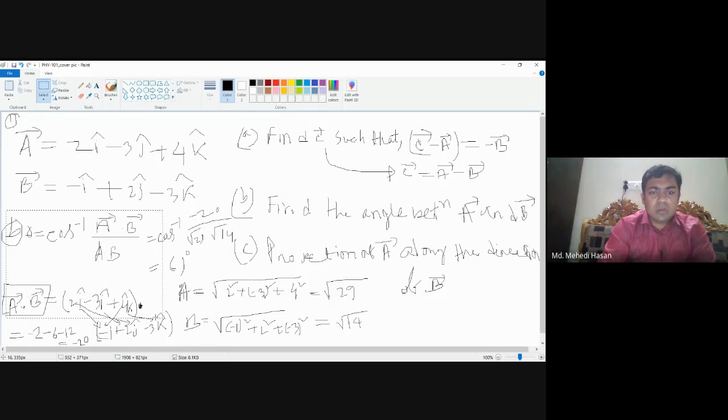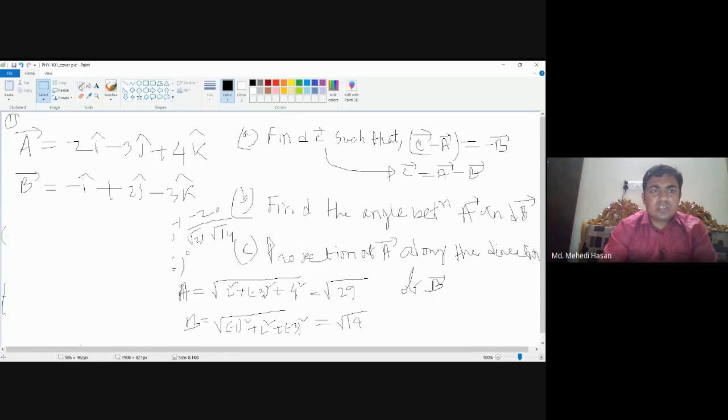Now in case of the third question, projection of a along the direction of vector b. The projection means two vectors are given like that, vector a and vector b, and the angle is theta. Now if we draw a perpendicular line from the head of the first vector to the second vector, then this distance is called the component of vector a along the direction of vector b, or the projection of vector a along the direction of vector b.